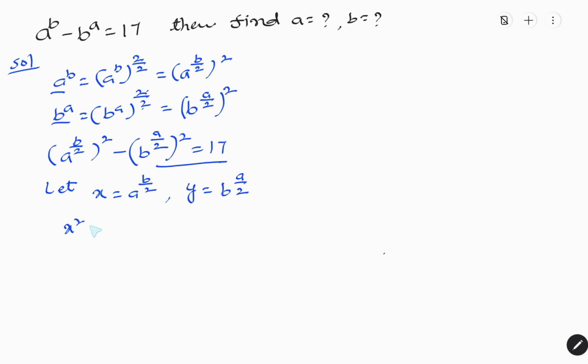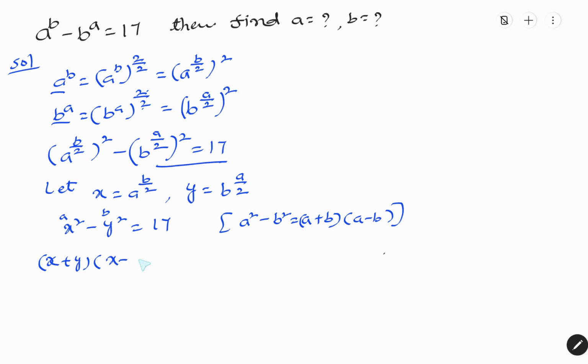Then x square minus y square is equal to 17. Here a square minus b square is equal to a plus b into a minus b. Assume in place of x a, in place of y b. Then x plus y into x minus y is equal to 17.